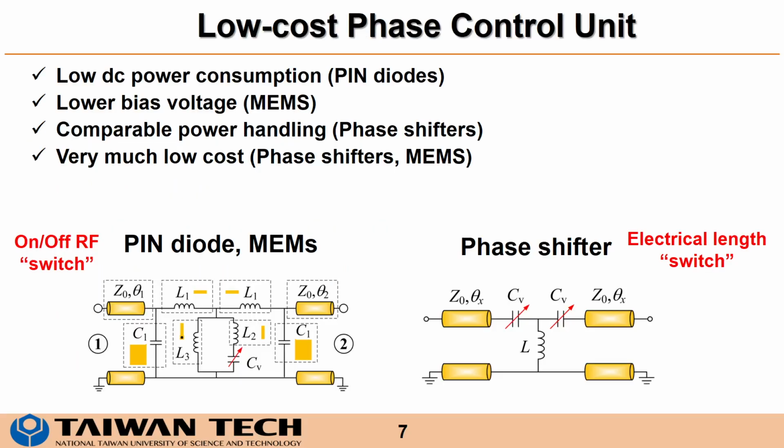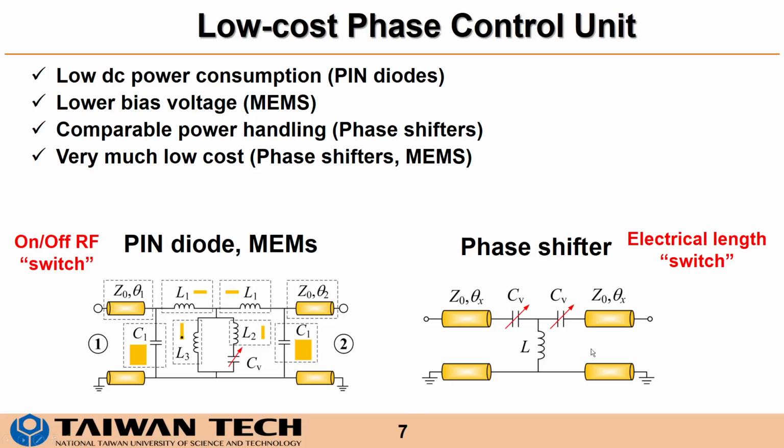Firstly, let's take a look at the low-cost phase control unit. What we have here are two versions of the unit cell. The one on the left-hand side is based on the PIN diode and MEMS device structure, and it serves as an on/off RF switch, while the other one is designed in the form of a phase shifter with the ability of tuning its electrical length.